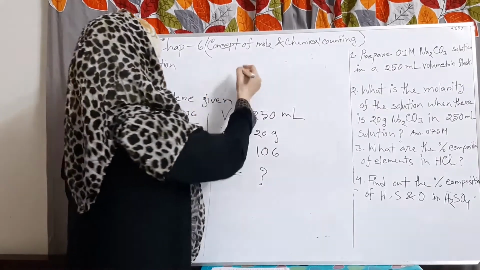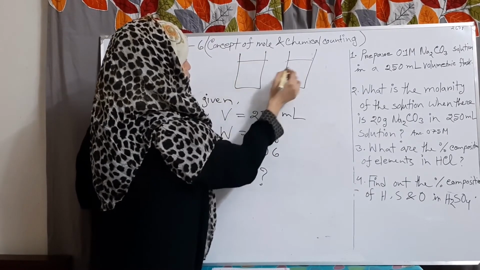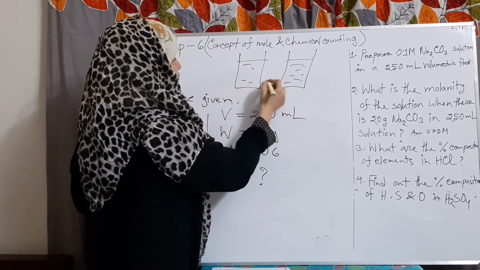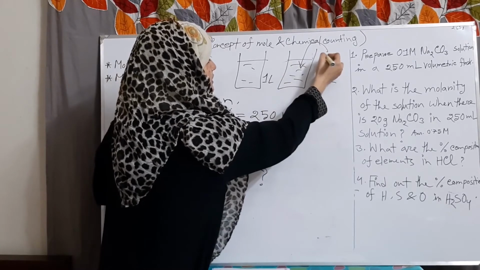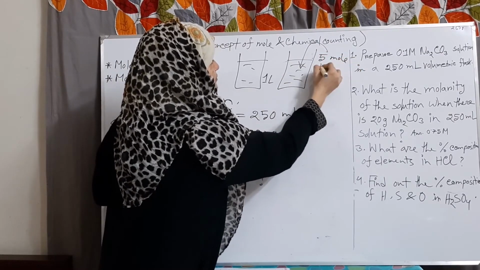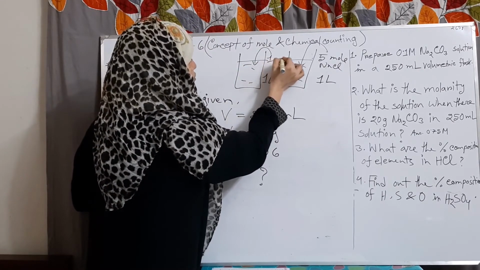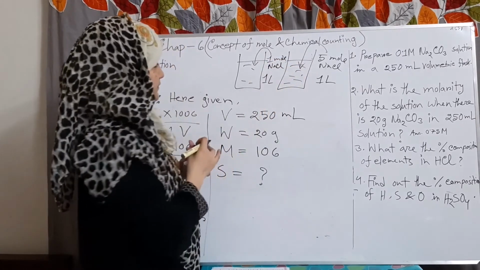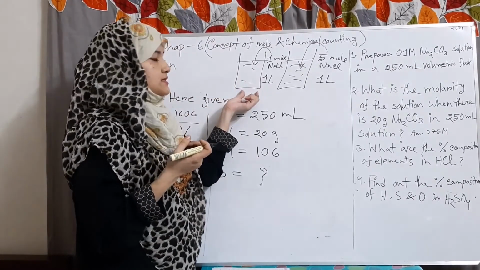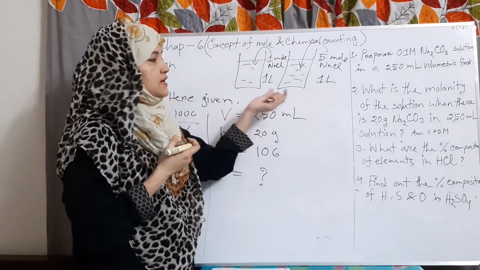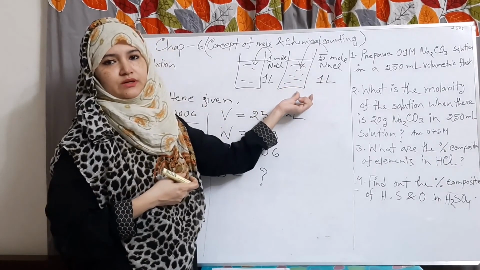Very simple. If we take solutions of the same volume, 1 liter each, and in one we put 5 mole sodium chloride, and in the other container we take only 1 mole sodium chloride, then the second solution is considered a dilute solution of sodium chloride, and the first will be considered a concentrated solution of sodium chloride.